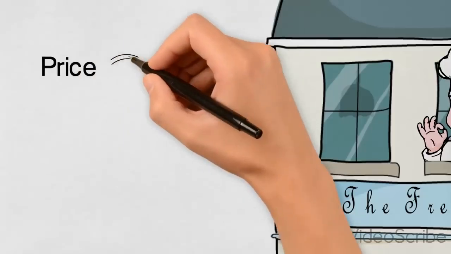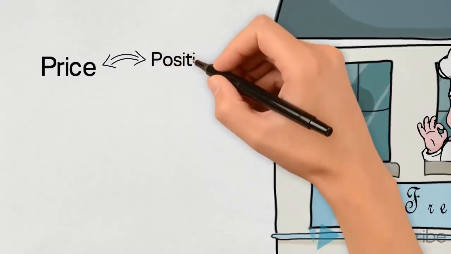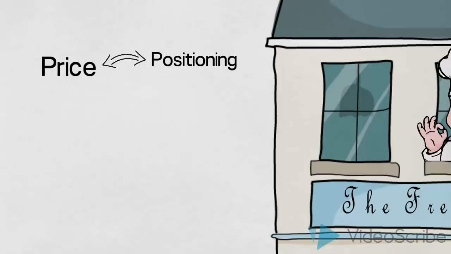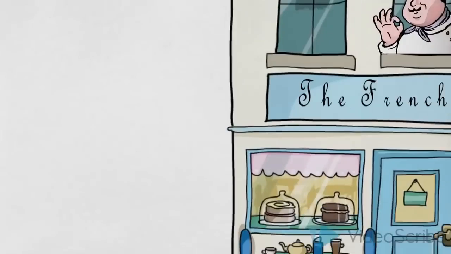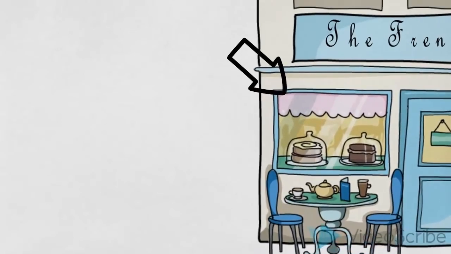There are many reasons why charging the right price matters to the success of our French cafe. Firstly, we need to ensure that the price makes sense to our chosen target group, that they perceive the price to correspond with the way we have positioned the cafe in their minds. If we look in the window, we can see that this cafe serves high-quality, delicious French cakes, and that it has a decor that fits.